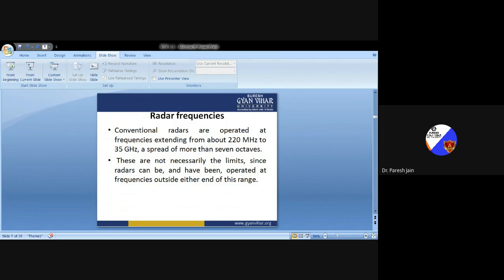You can easily understand from the wavelength and frequency relationship that frequency is inversely proportional to wavelength.